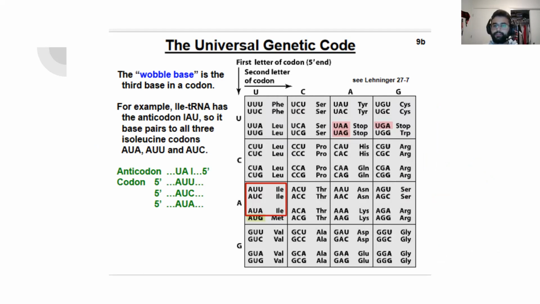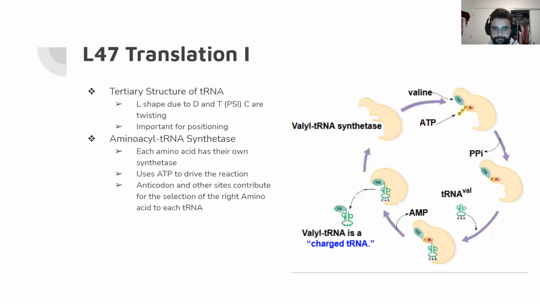We hypothesize that it's there to prevent mutations. For example, for isoleucine right here, the first 2 bases determine isoleucine, but the third base can be, for the most part, any of the other bases, and they'll still give you the same amino acid. So the wobble base can be practically anything.